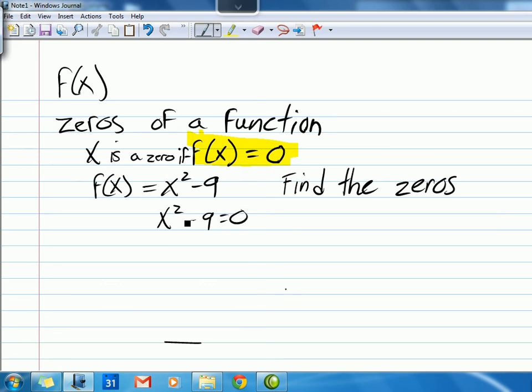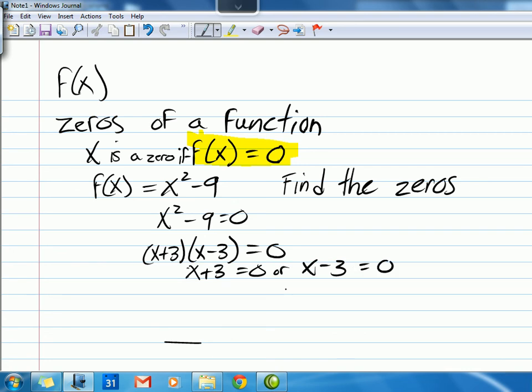You set that equal to 0, then you factor this side. You do difference of perfect squares right here. So isn't this going to be x plus 3, x minus 3 equals 0? So that means that x plus 3 equals 0, or x minus 3 equals 0. And that gives you that x equals negative 3 or x equals 3. So now we got our solution set.